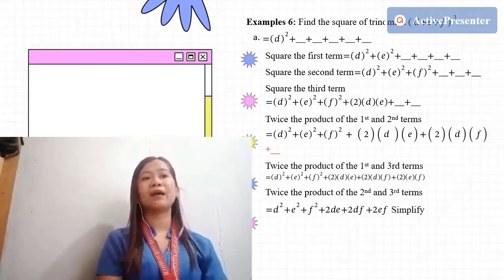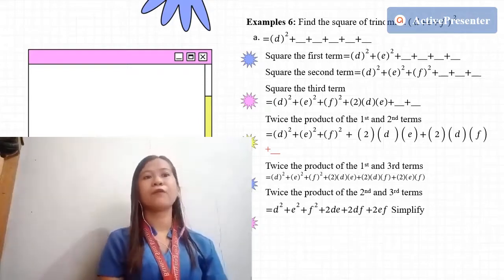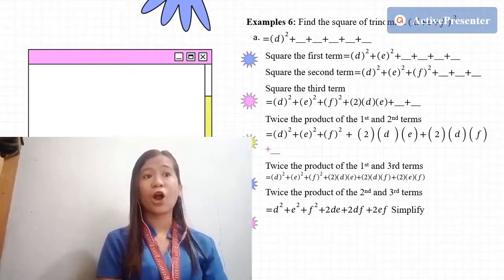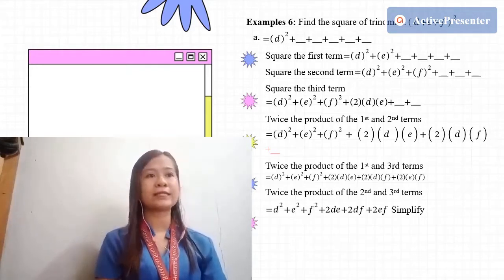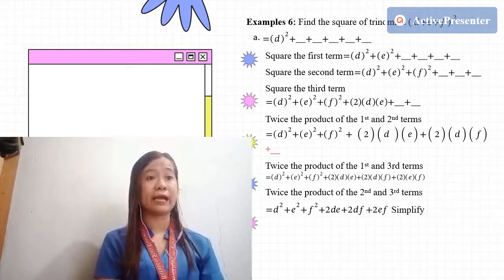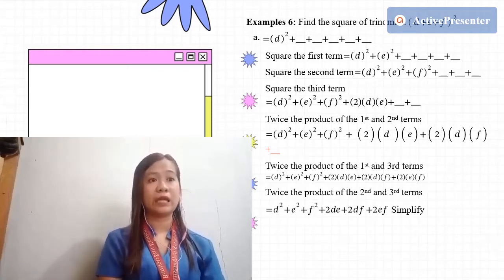For the fourth term, we have twice the product of the first and second term. So our first and second term is d and e. Multiply, then times 2. So we have d times e times 2 is equal to 2de.